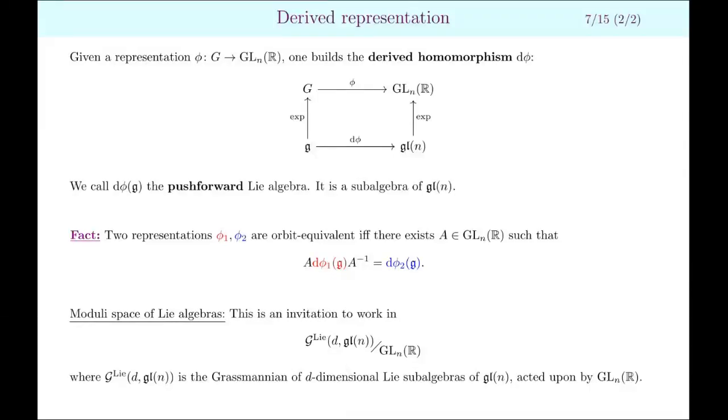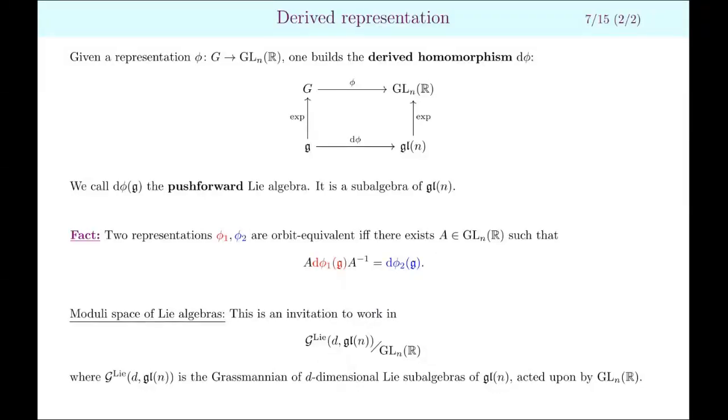As it turns out, this is all the information we need to talk about orbit equivalence of representations. By that I mean that two representations of the same group to R^n are orbit equivalent if and only if their derived Lie algebras are conjugate as vector subspaces.